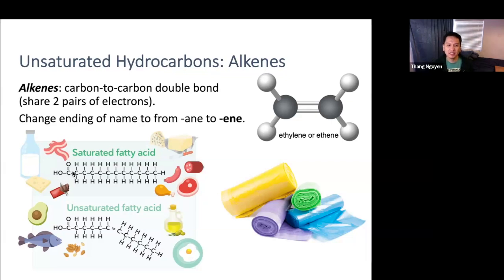All right, so that's fully saturated. However, there are instances where a carbon-carbon bond becomes a double bond instead. Because of that double bond, you're losing 2 hydrogens, so you are now an unsaturated fat. So that's the difference between these 2 fats.